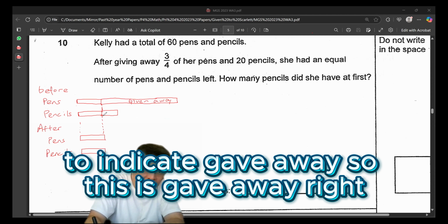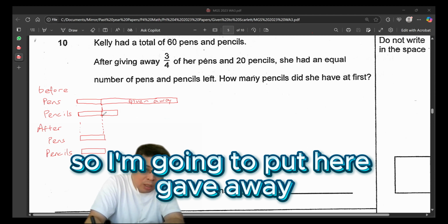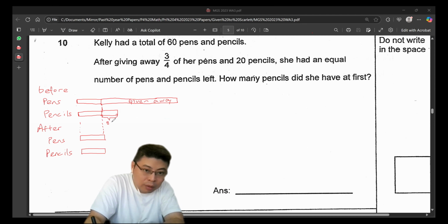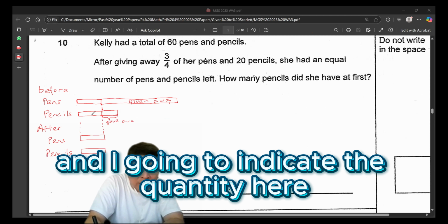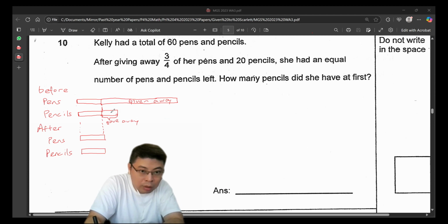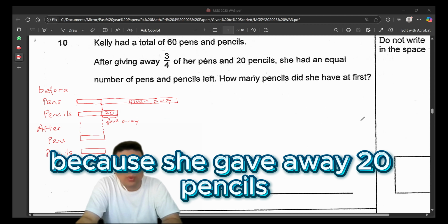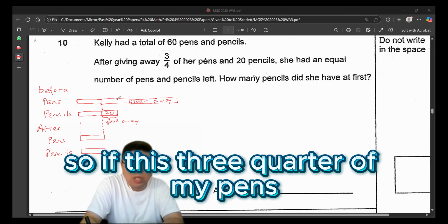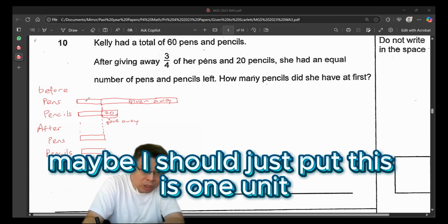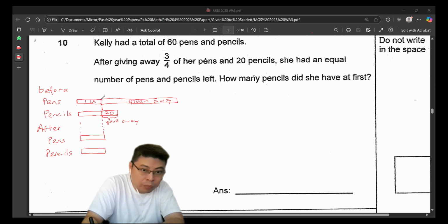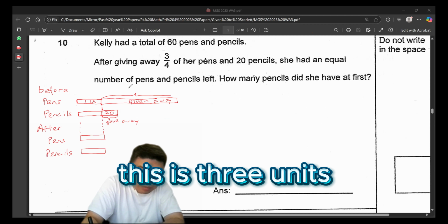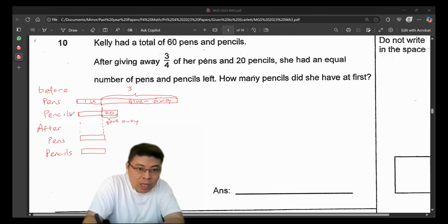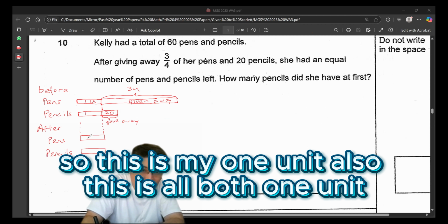So I'm going to put here gave away, and I'm going to indicate the quantity here, because she gave away 20 pencils and 3/4 of her pens. So if this is 3/4 of my pens, maybe I should just put this is 1 unit. This is 3 units. So this is my 1 unit also. These are both 1 unit.